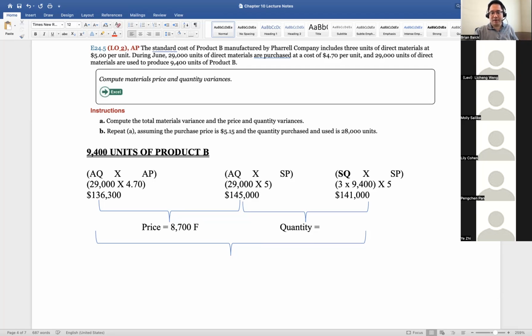Can you type in the chat what you think? It's not 4,000. Almost. It's not right. Okay, 4,000 U, because it's a positive number. U, right? F and U, right?